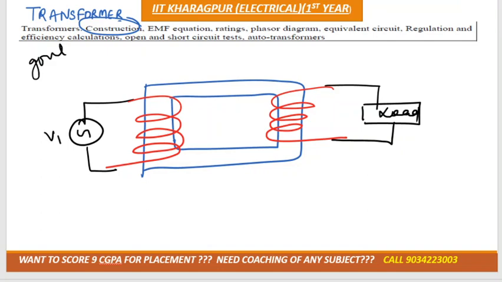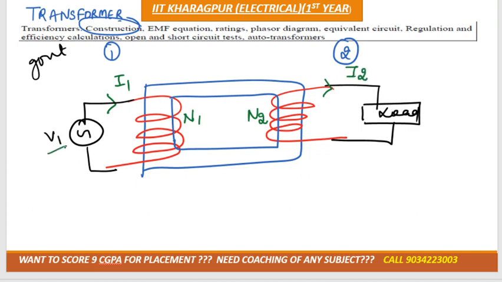The primary side is always denoted by the subscript 1 and the secondary always by the subscript 2. Here we have the number of turns N1, here N2. Current flow is I1, current flow is I2.